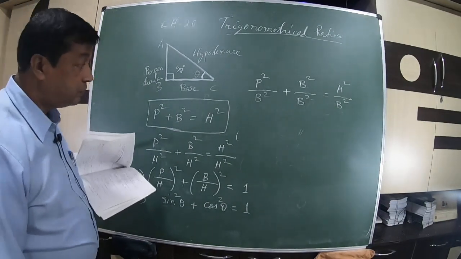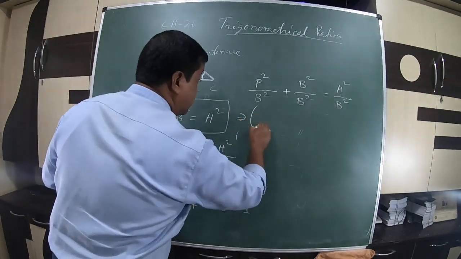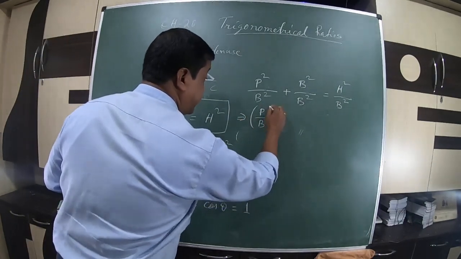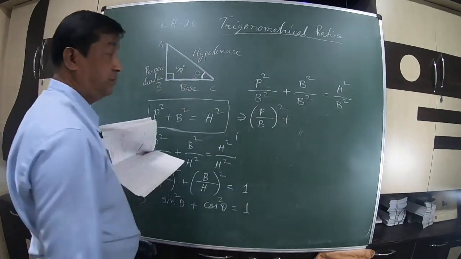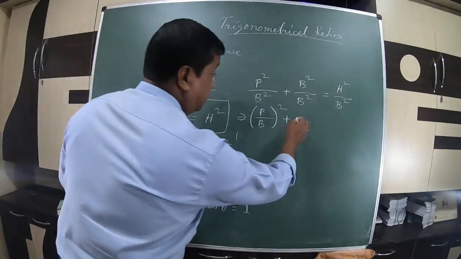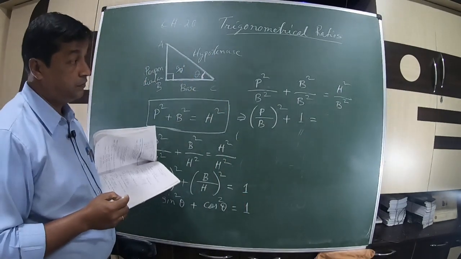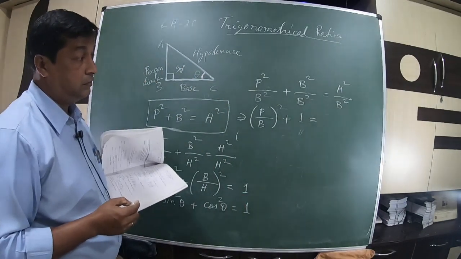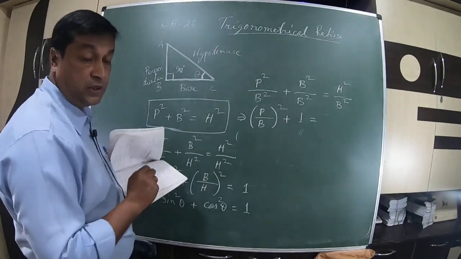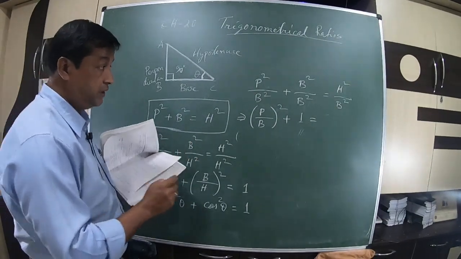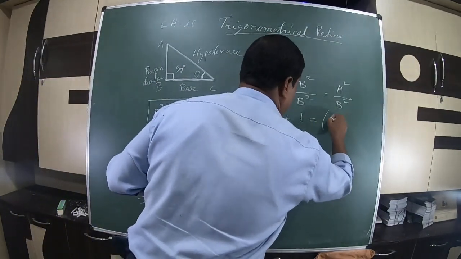Now p square by b square you can write as p by b whole square, and b square by b square is 1. Now h square by b square, hypotenuse by base, will be h by b whole square.